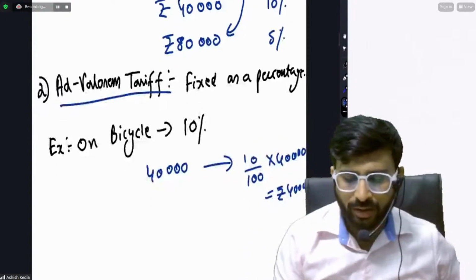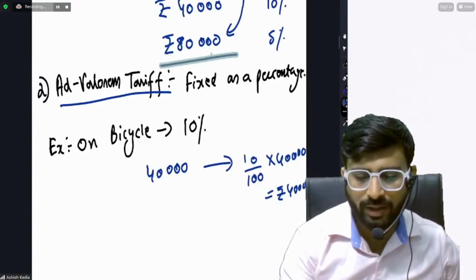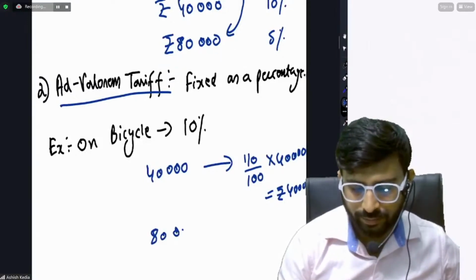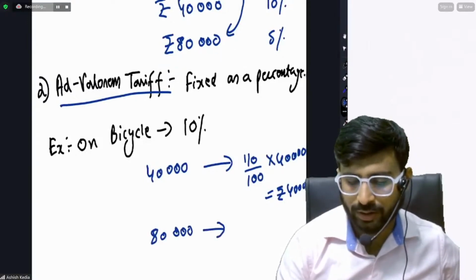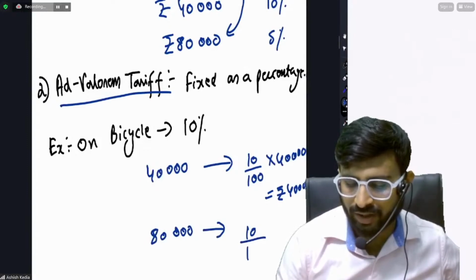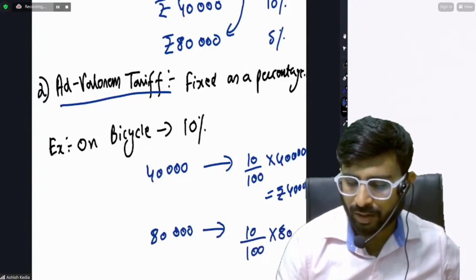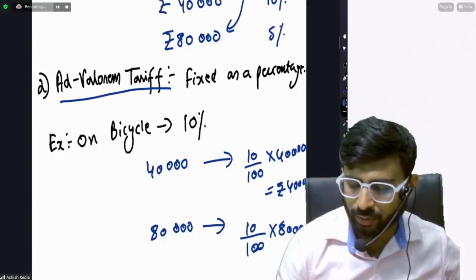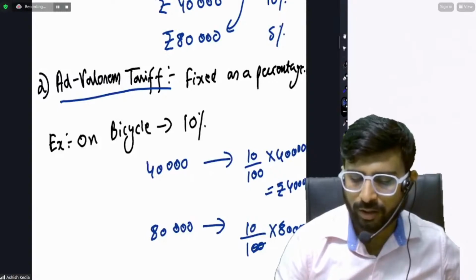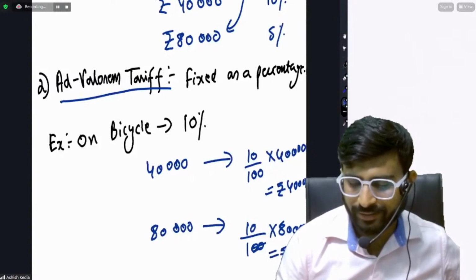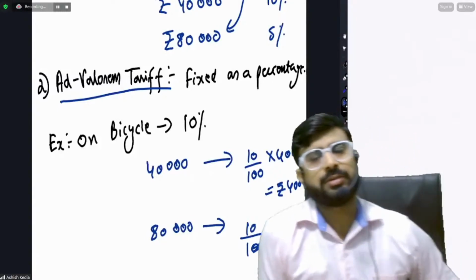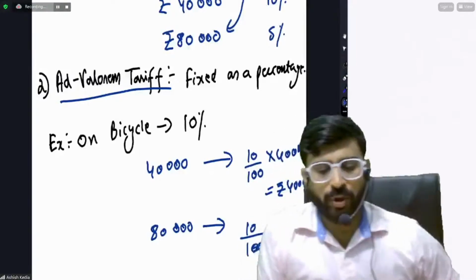On the other hand, if I'm importing a bicycle worth 80,000, then I'll be giving the government 10% of 80,000. That's going to be rupees 8,000. Exactly my point, friends.